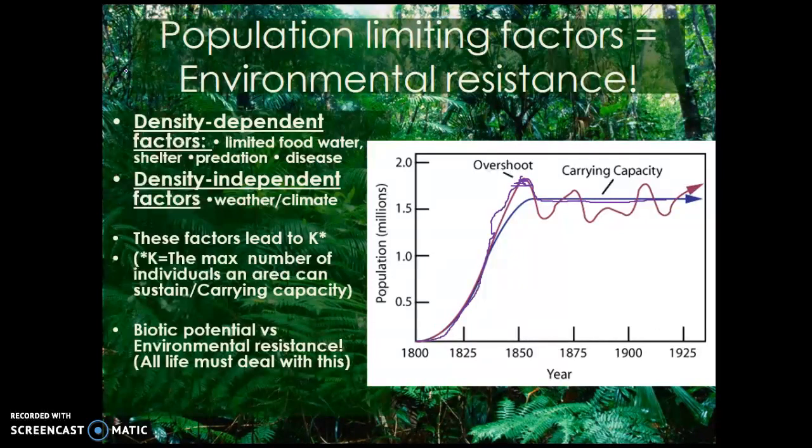So remember that biotic potential and environmental resistance, we all have to deal with this. Even the human population right now is dealing with a lot of environmental resistance. We always talk about superbugs could come right now and disease could really wipe out a huge number of our population. Food and water is a really big density-dependent factor for the human population.